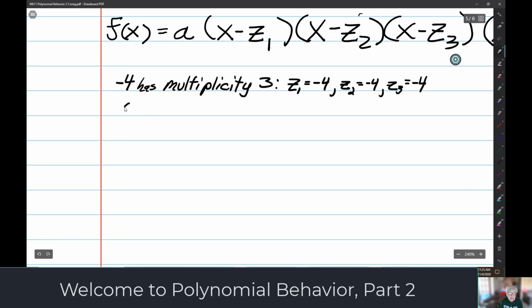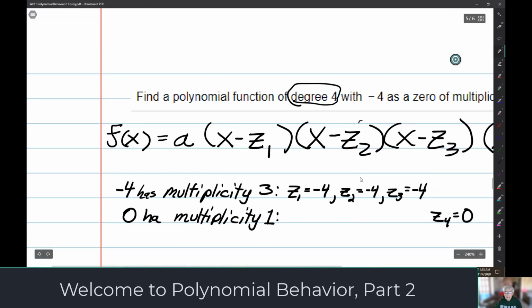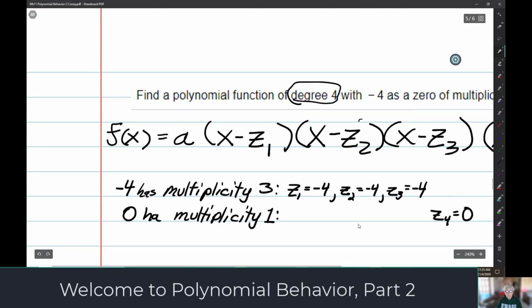And the fact that 0 has multiplicity 1 means that Z4 is going to be 0. Now, once again, we're assuming that the leading coefficient is 1.